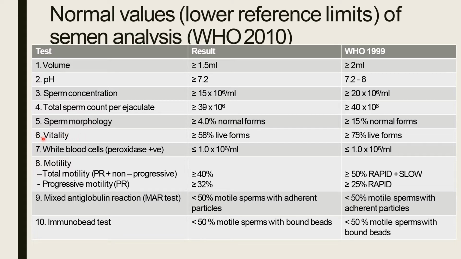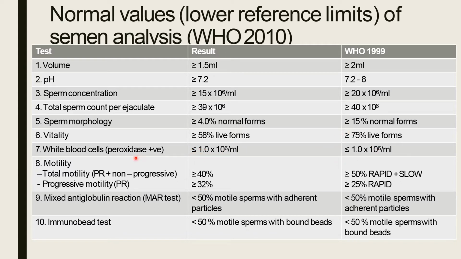And then for vitality, that is the living sperms, the criteria now is greater than or equal to 58% sperm should be in living form. Previously it was 75% sperm that should be living. For white blood cells present in the semen, the criteria is that they should be less than or equal to 1 million per ml.